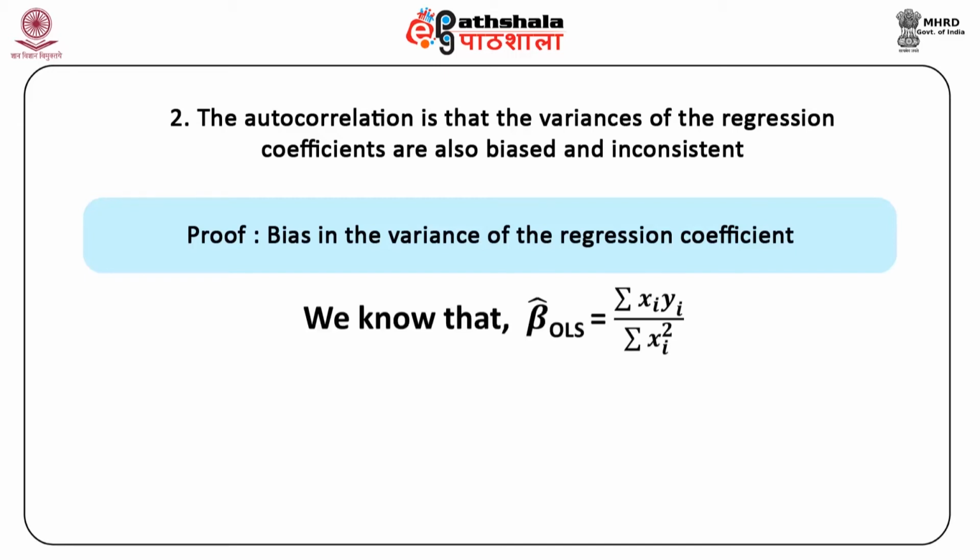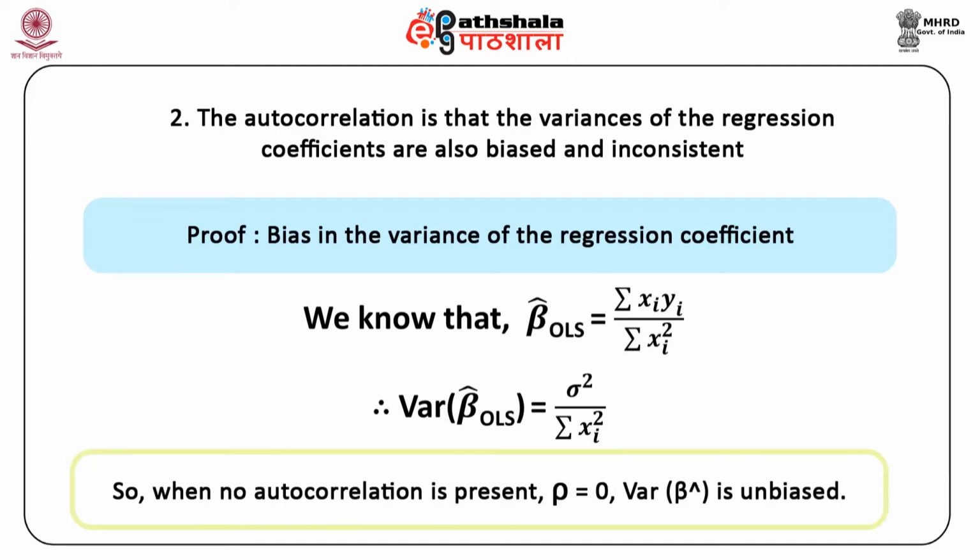We know that beta hat OLS is equal to sigma xi yi upon sigma xi square. Therefore, variance of beta hat OLS is equal to sigma square upon sigma xi square. So when no autocorrelation is present, rho is equal to 0 and variance of beta hat is unbiased.